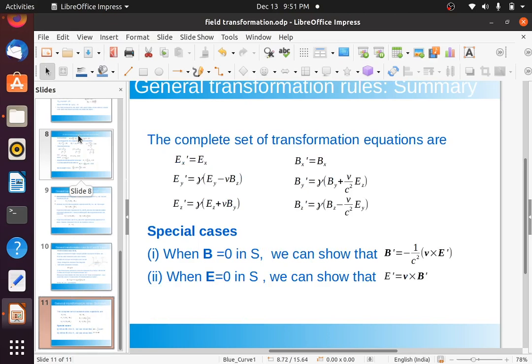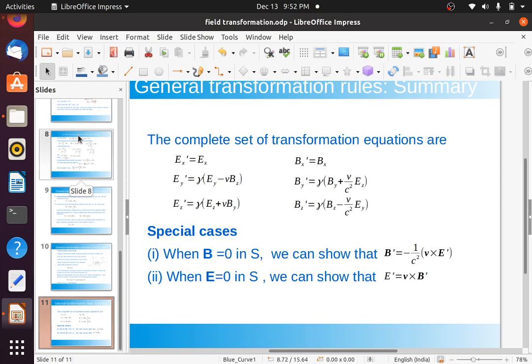So you can write down all of them. We have obtained 6 equations, and all the 6 equations are written there. Then we have some special cases. When B is equal to 0 in the S frame but the electric field is not equal to 0, so only the electric field exists in the S frame, the corresponding magnetic field measured in the S dash frame is related to the corresponding E dash through the relation B dash is equal to minus 1 by c square into V cross E, where V is the relative velocity.